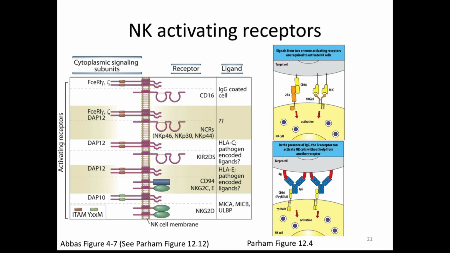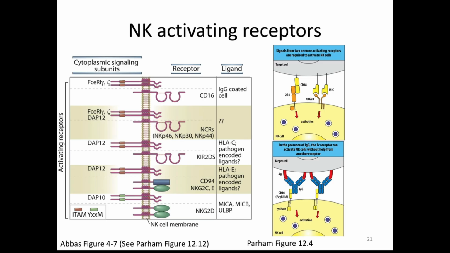And just know that there are tons of NK activating receptors out there that one could talk about. One of our NK activating receptors is listed here as CD16. CD16, as you can also see, is listed as an Fc receptor, specifically an Fc receptor for IgG.